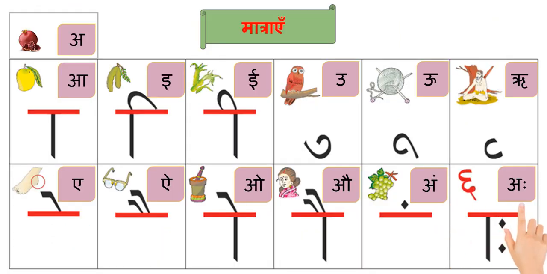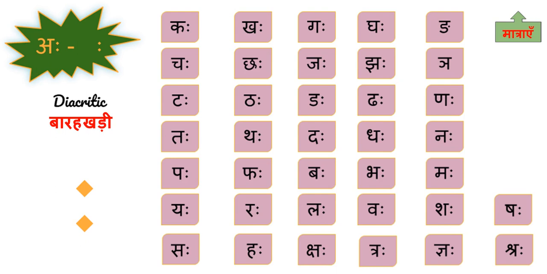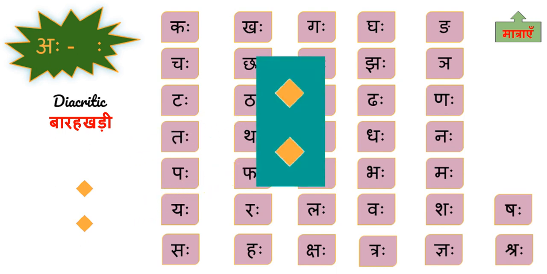Chh wala aha, aha की मात्रा. Aha की मात्रा is simply two dots, one above the other, or it simply looks like an English colon.